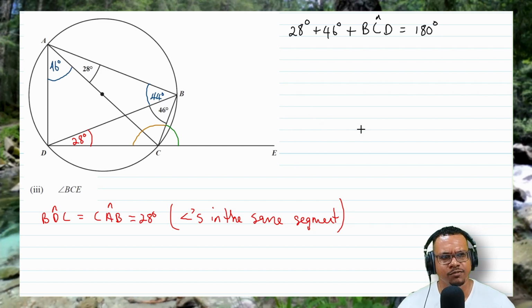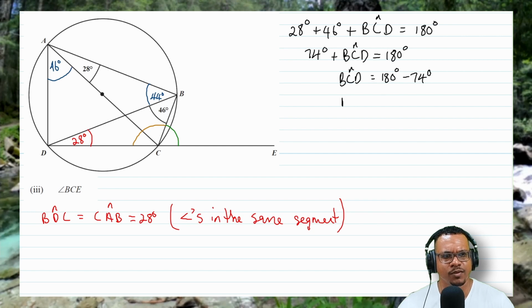All right, so 28 plus 46 is 74. So 74 degrees plus BCD is equal to 180. So angle BCD is equal to 180 take away 74, so angle BCD is equal to 106 degrees.